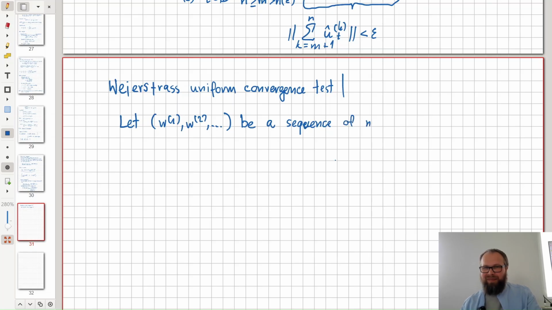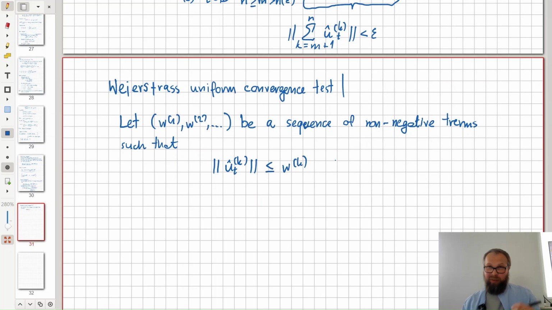Let W_k be a sequence of non-negative terms such that the norm of u_k(t) is less or equal to W_k.